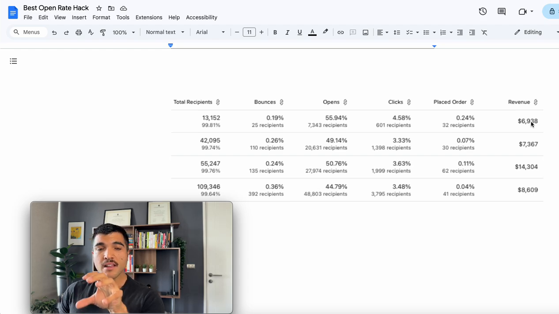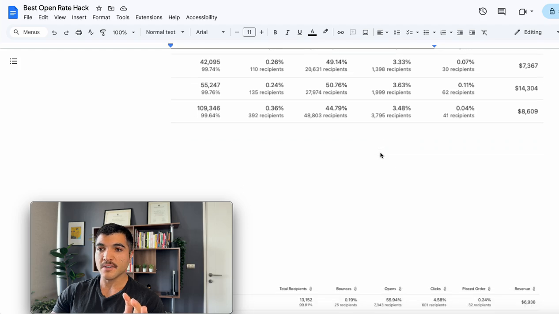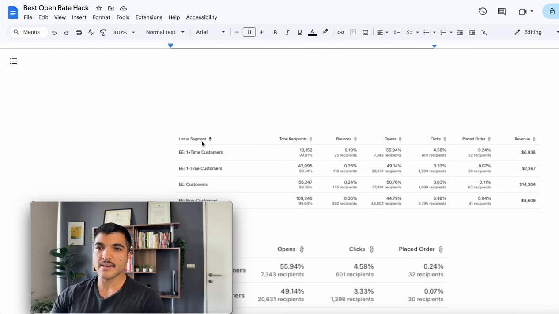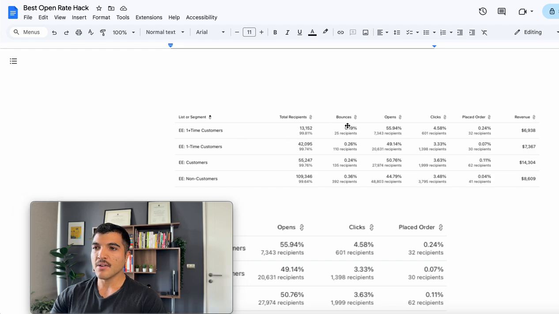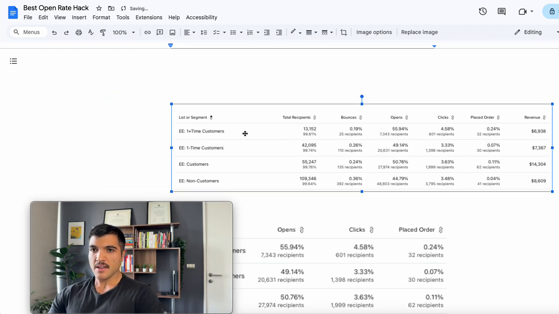So the email was exactly the same, yet there's a group who had 10% higher open rate, 1% higher click rate, higher placed order rate, and higher revenue per recipient. And let me tell you what's the difference and what's the hack, if there ever was one. And it's this: the people who opened, clicked, and purchased more were the repeat customers.